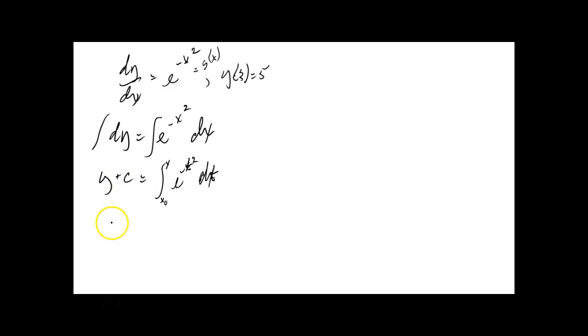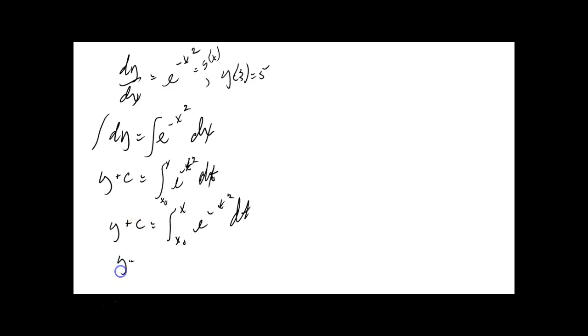So now we'll have y plus c is equal to the integral from x0 to x of e to the minus t squared dt. Again, you can't integrate it, but you can evaluate it when x is equal to 3.